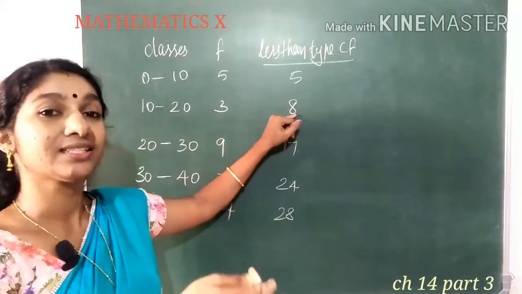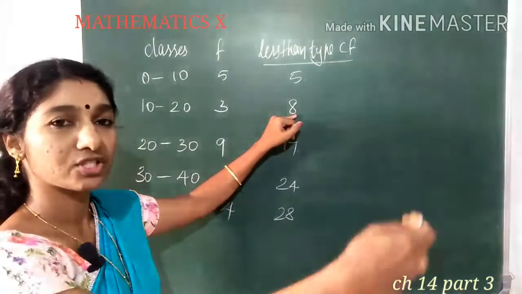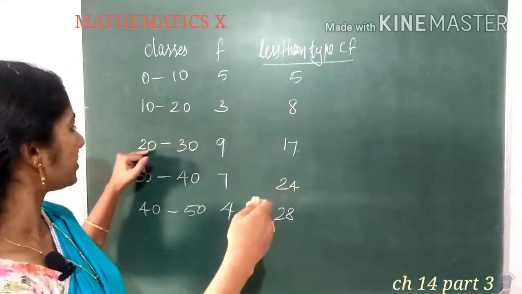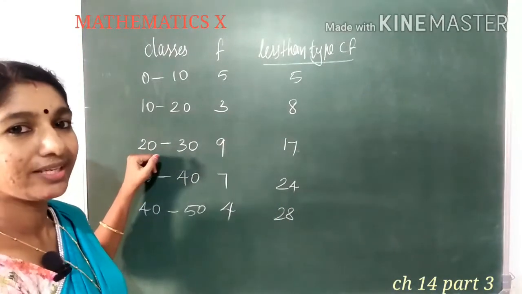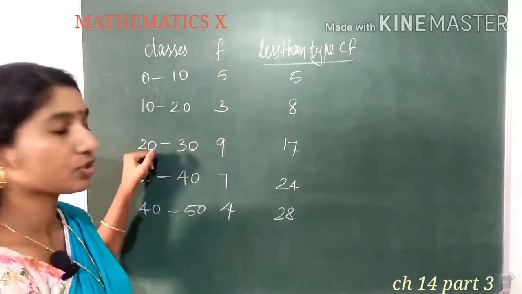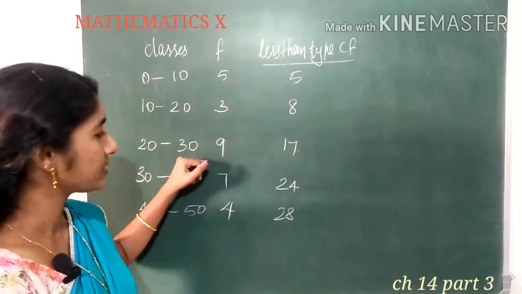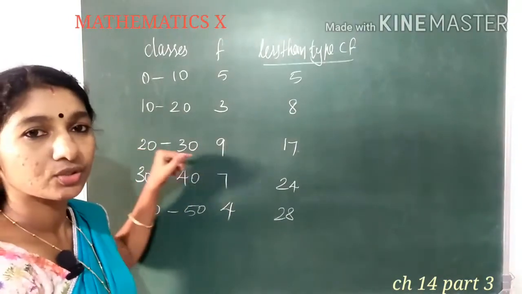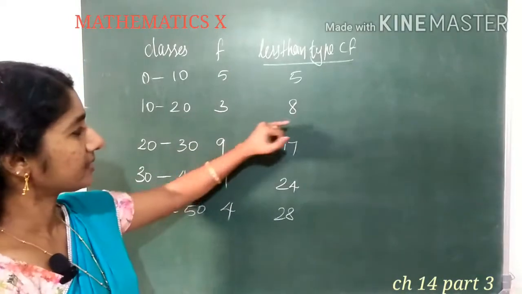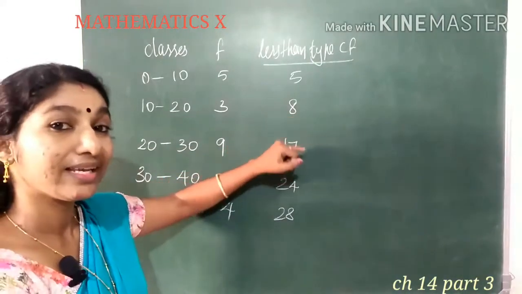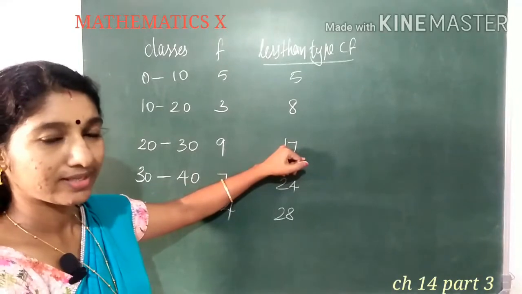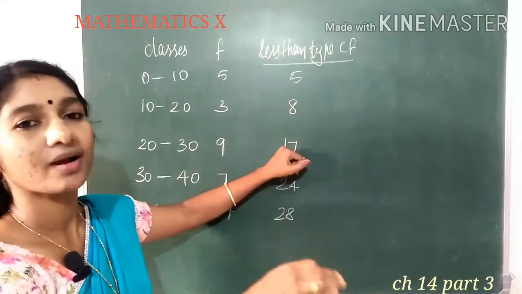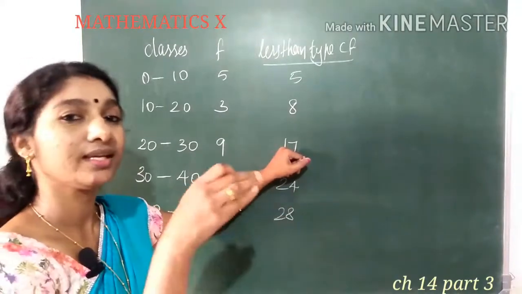And the 9th student, that means the 9th position, his or her mark is in which class? 20 to 30. His mark is in between 20 to 30. Like that, how many students are there? 9 students are there. Their marks lie between 20 to 30, isn't it? That means 9th to 17th. The students whose position is in 9th to 17th position, their marks lie between 20 and 30.